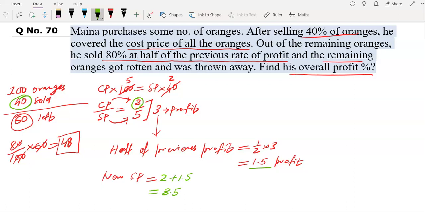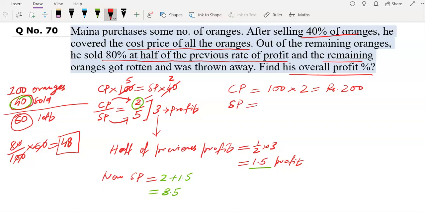Now the remaining oranges are thrown away as they were rotten. So if we need to find the CP, we have 100 oranges and the rate, CP, is 2. 100 into 2 will give us rupees 200. And if we look at our SP, we have sold it 2 times.